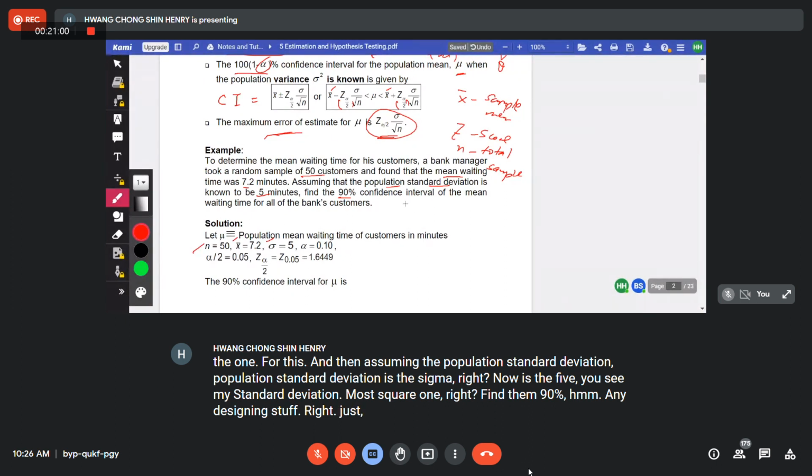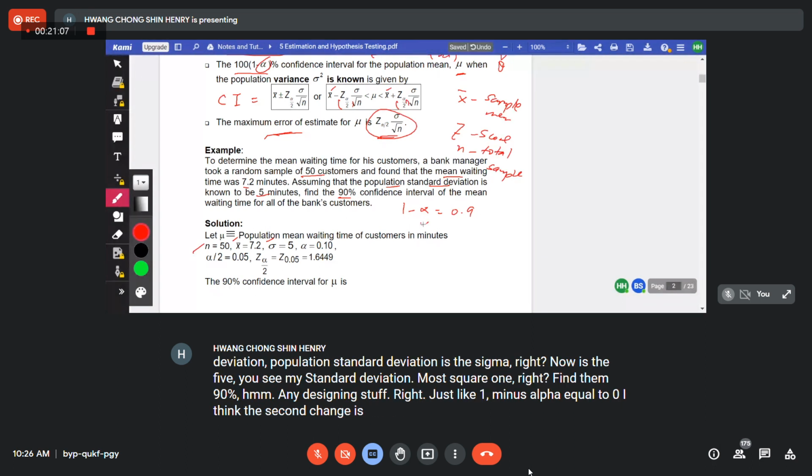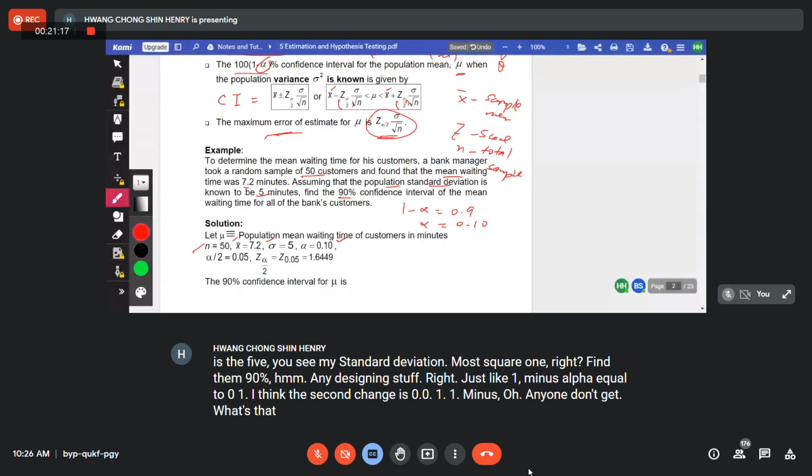Just like I mentioned, 1 minus alpha equals 0.9. 90% you change to 0.9. So what is your alpha? 0.1. 1 minus 0.9. Anyone don't get? Those at home, anyone don't get? Okay, very clear.